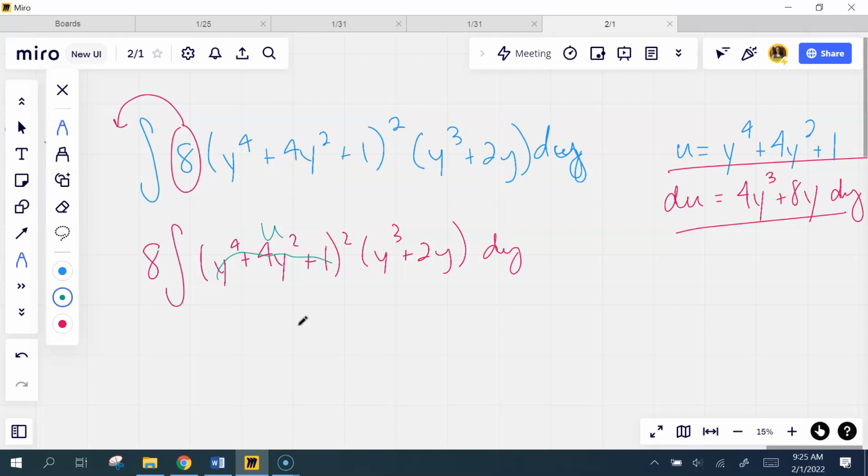But for du, they're missing the 4, right? But if I multiply here, I've got to divide. I was thinking 1/2. Yeah, but it doesn't matter because this is the same thing as 4 times y cubed plus 2y. So now I have 2 times the integral of u squared.